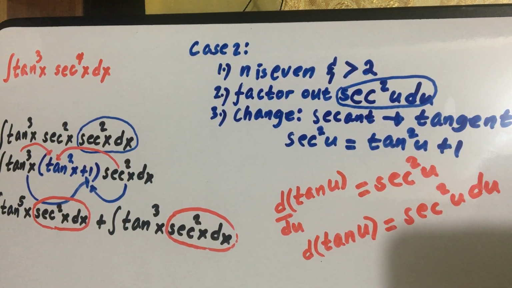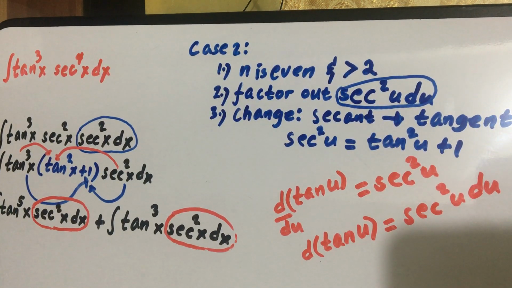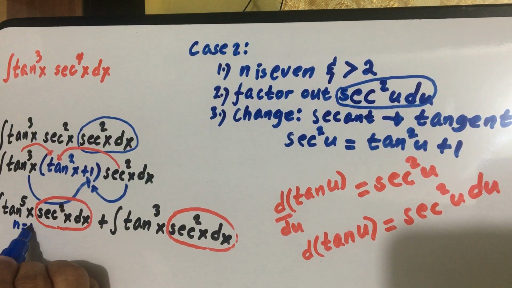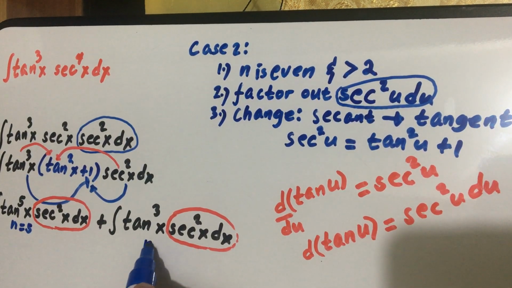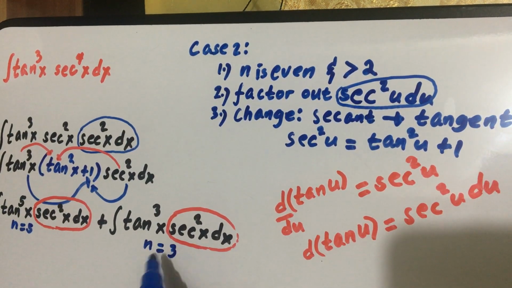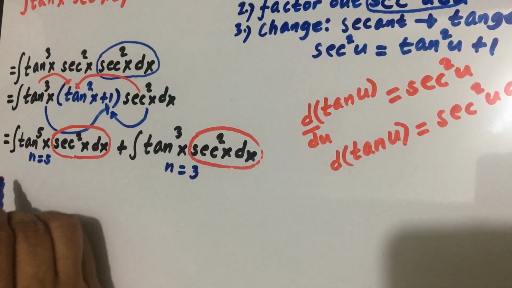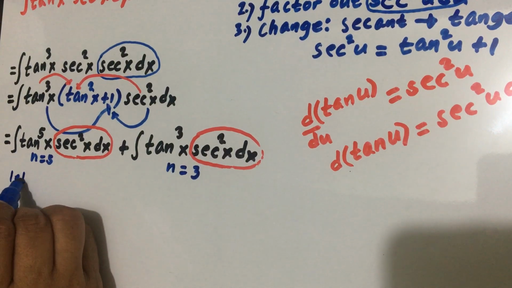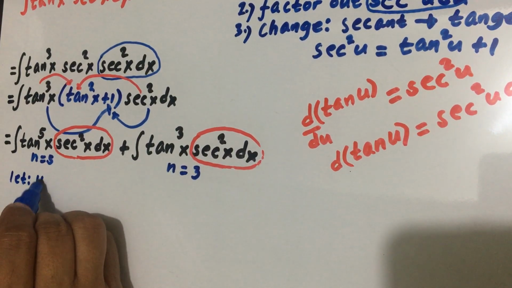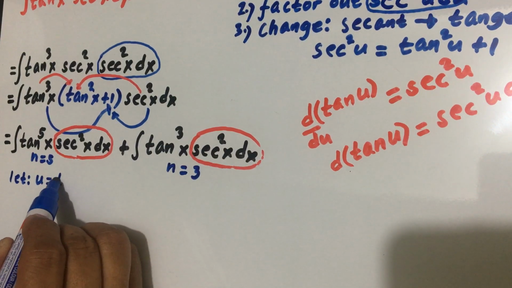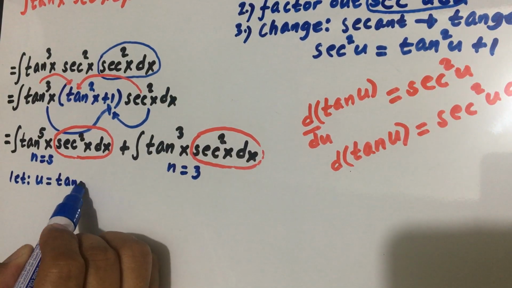Here we have our n equal to 5, then here our n is equal to 3. Then we can let u equal to tangent x.